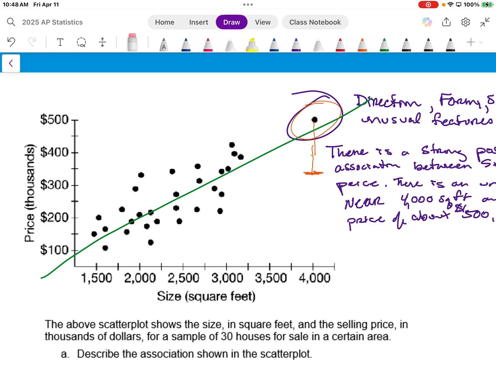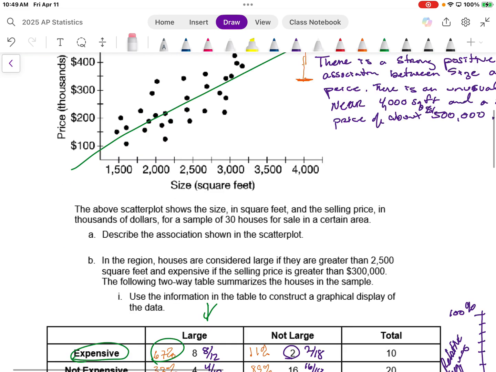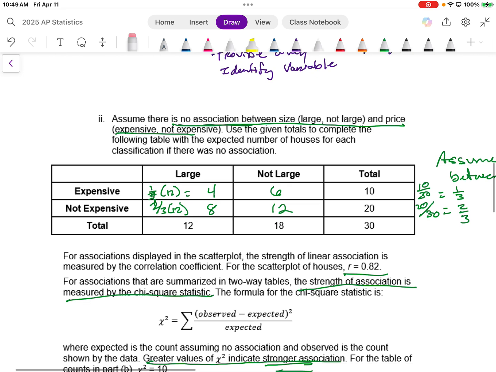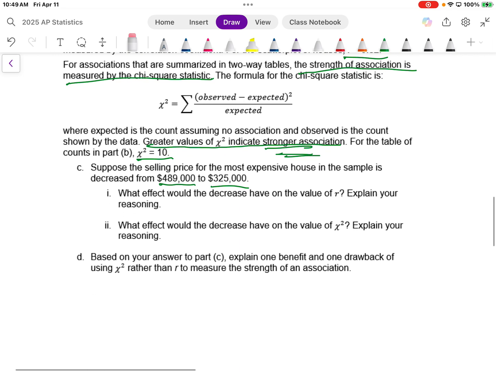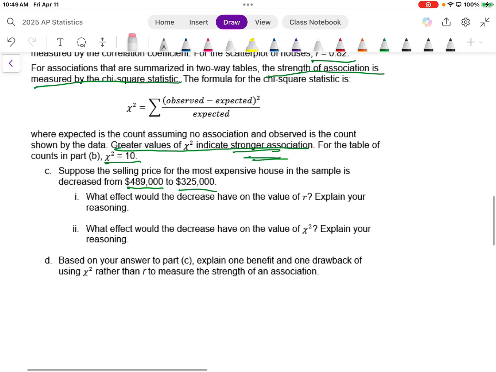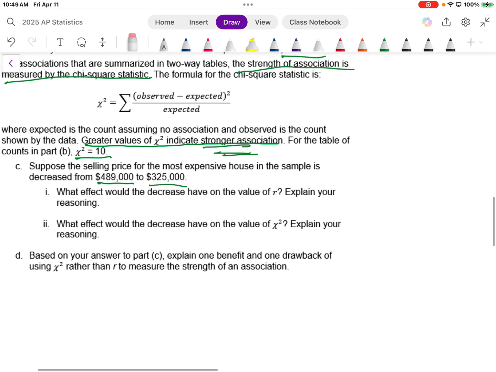We have to give reasoning to get the full credit for that part. So what do you think is going to happen to the R value if we move that sales price down to 325? Is it going to increase or decrease?